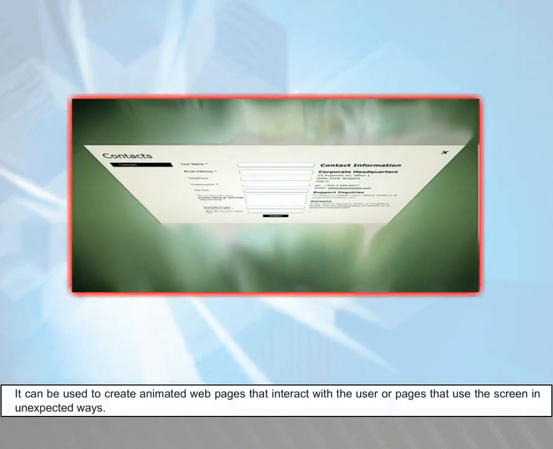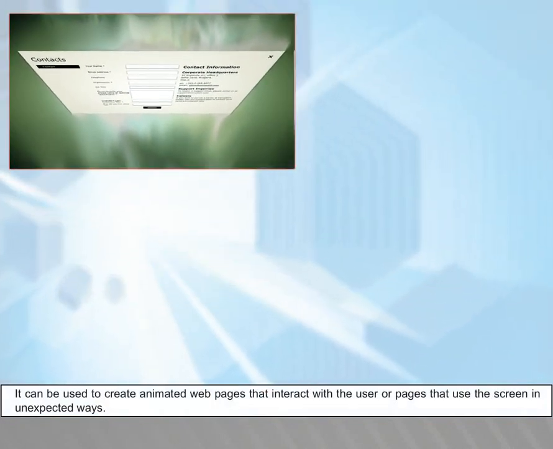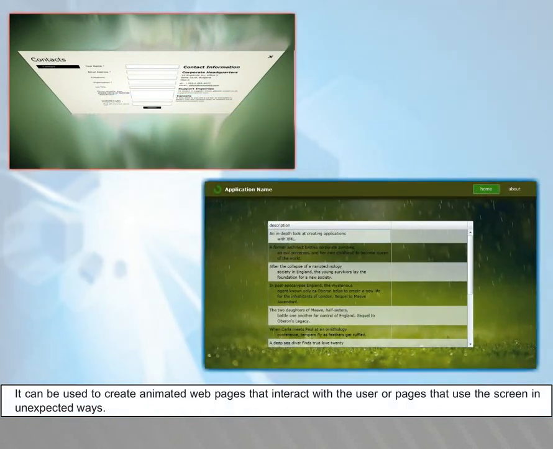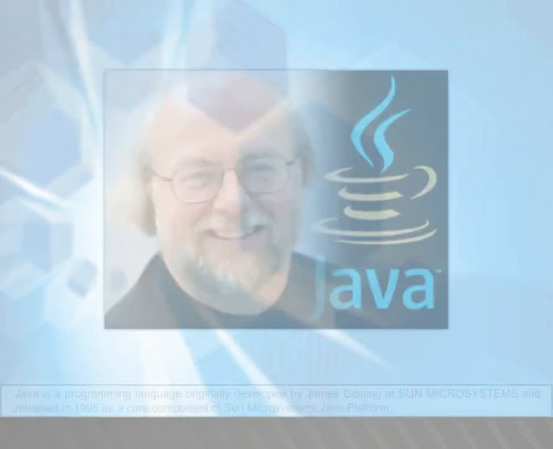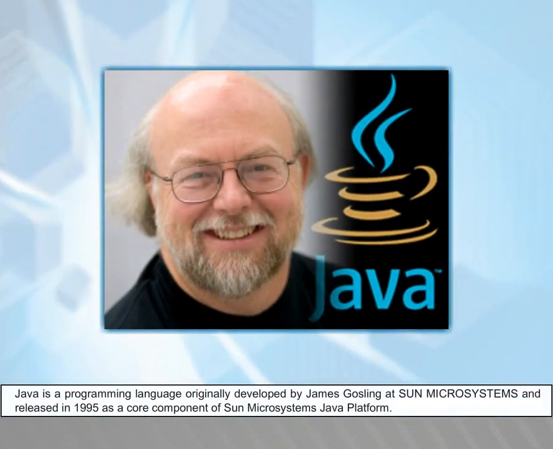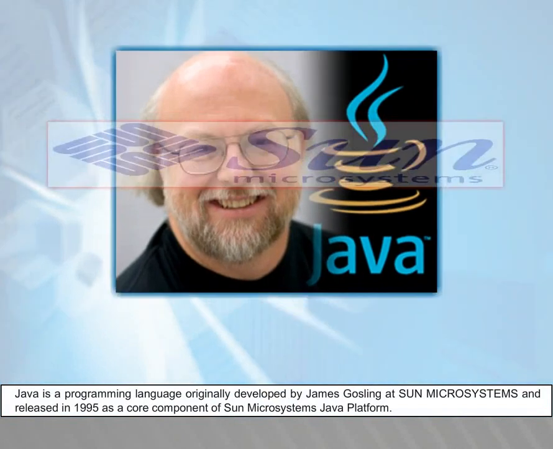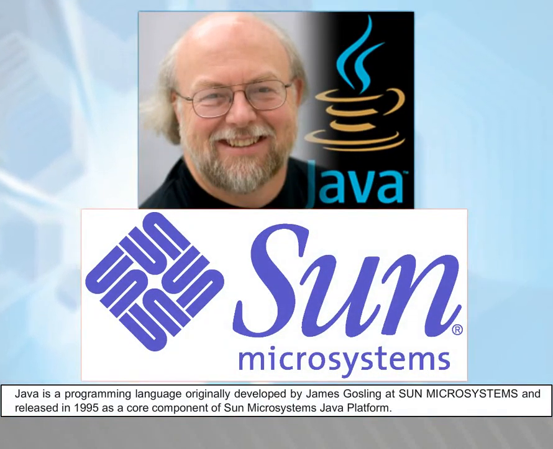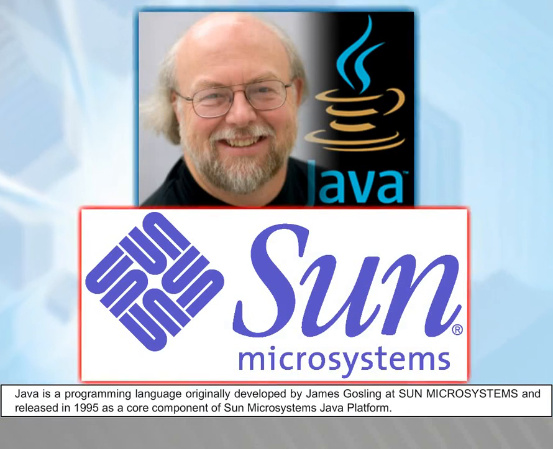It can be used to create animated web pages that interact with the user or pages that use the screen in unexpected ways. Java is a programming language originally developed by James Gosling at Sun Microsystems and released in 1995 as a core component of Sun Microsystems' Java platform.